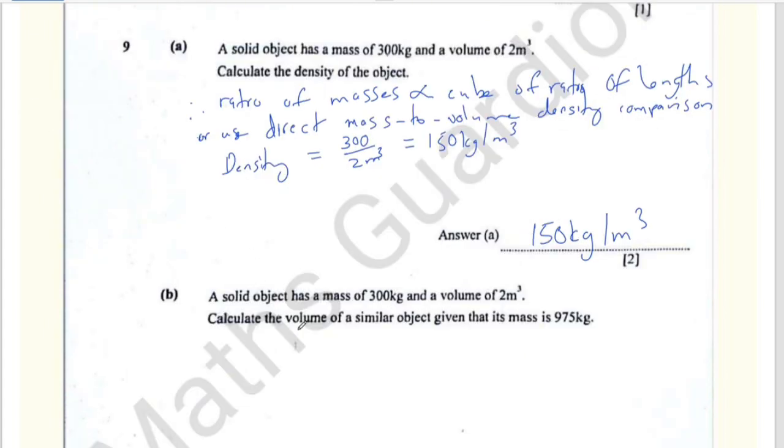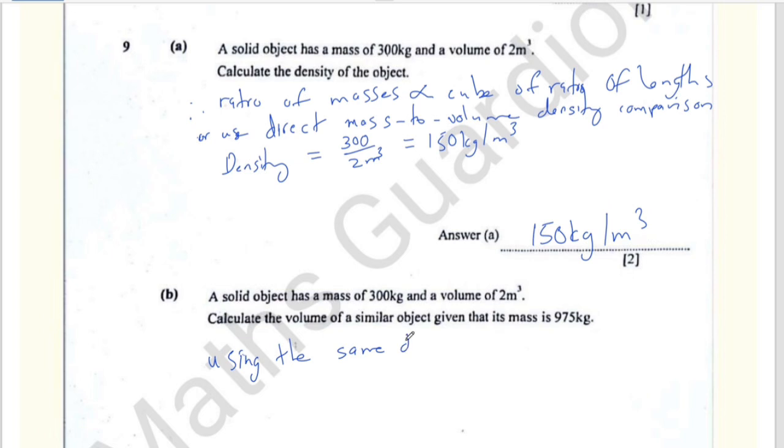The next question reads, a solid object has a mass of 300 kilograms and a volume of 2 cubic meters. Calculate the volume of a similar object given that the mass is 975 kg. In order to calculate this volume, we need to understand the ratio first.